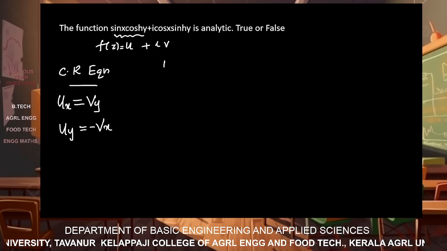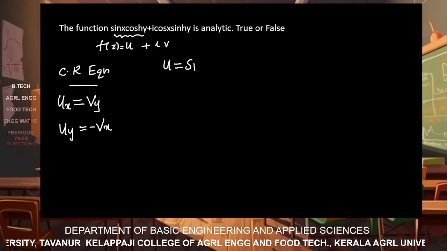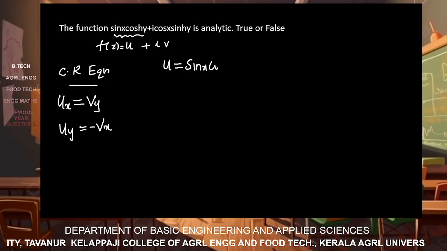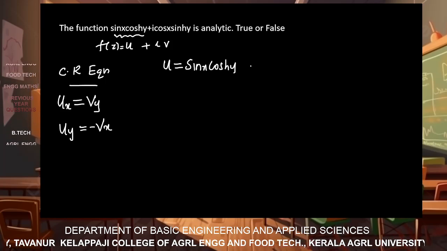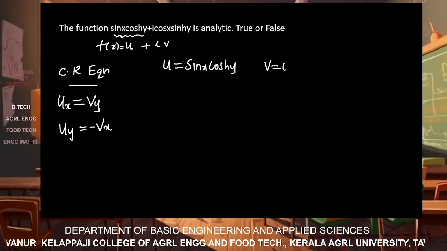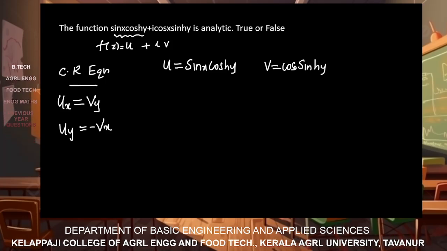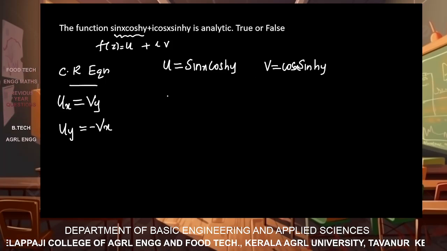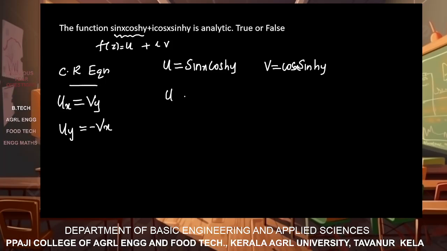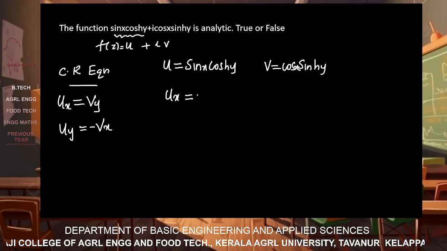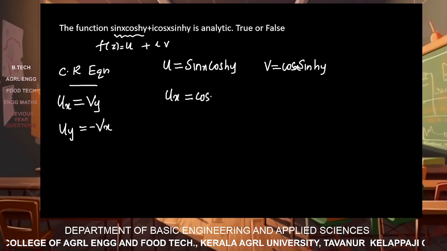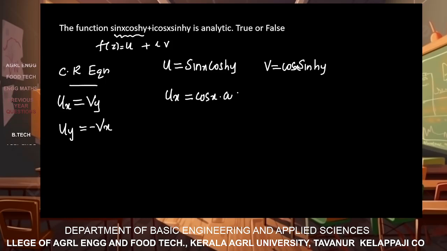So what about u here? u is sin x cos hy and v is cos x sin hy. Ux is the derivative with respect to x: the derivative of sin x is cos x, and cos hy is a constant.